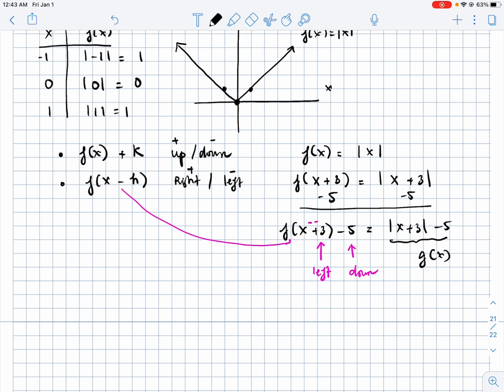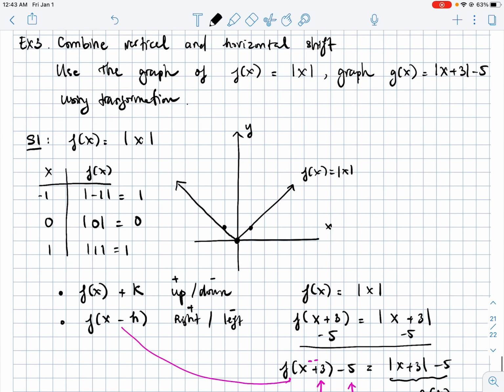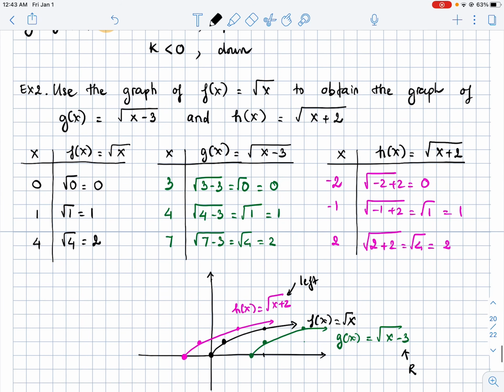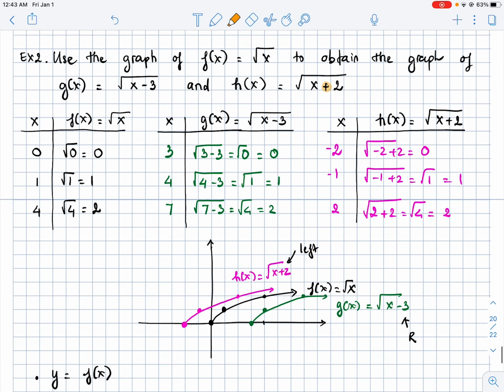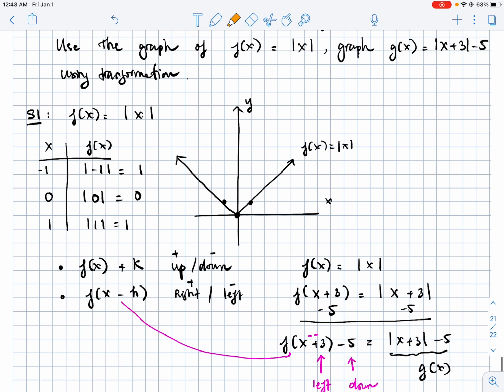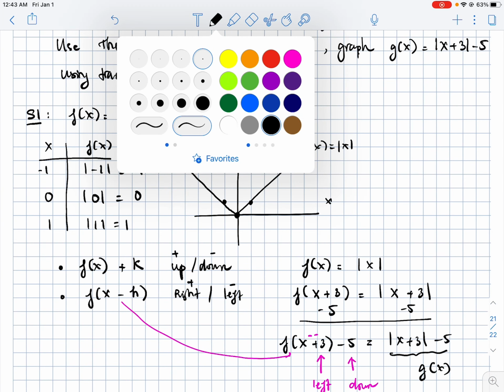You see that it's a plus, but it's a negative 3, so we go to the left. Don't get confused with the step. In example number 2, the plus 2 is the same thing as x minus negative 2, so it moved to the left. So function h moved to the left 2 steps.